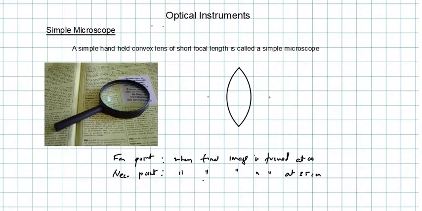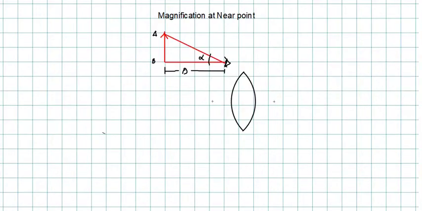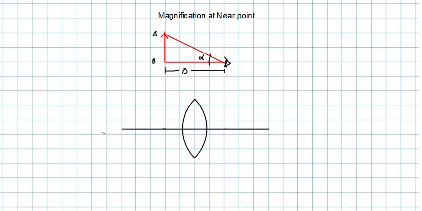Now, imagine you are looking at the same object, but using the convex lens. Let us bring the lens. Imagine that this is the principal axis, and this is the object placed in front of the lens.